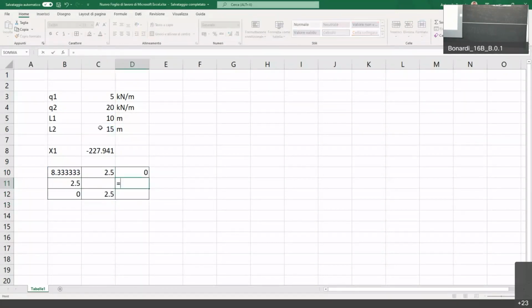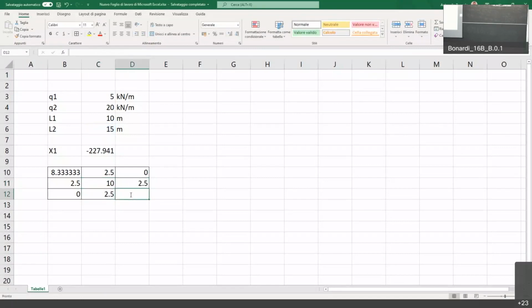Again, I'm just filling up all the diagonal terms and all the non-diagonal terms. Then, in the diagonal, the second term was twice L2 over 3. L2 over 3 equal to 10.